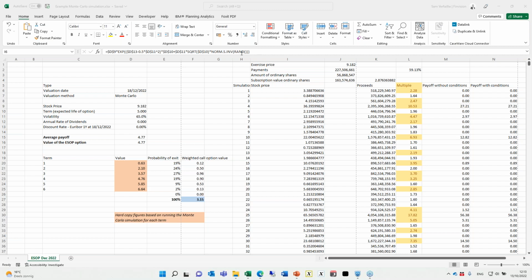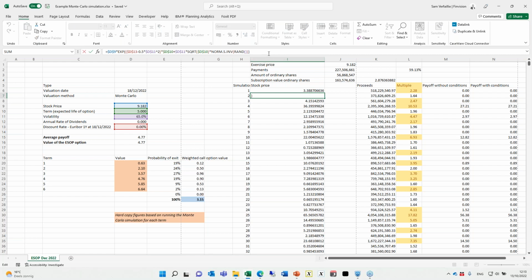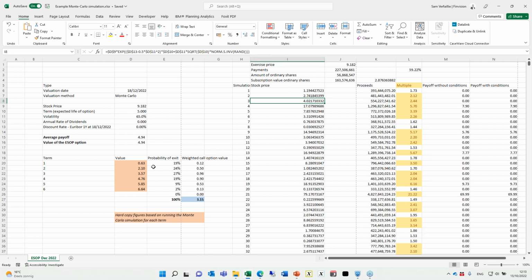If I would click, you will see it's changing every time. It will recalculate the whole model, so you will always have to fix it. These are fixed now. So those are the values we calculate to the Monte Carlo weighted average. All right, rather complex to calculate, but a very flexible model. You can estimate the most complex option types with it.